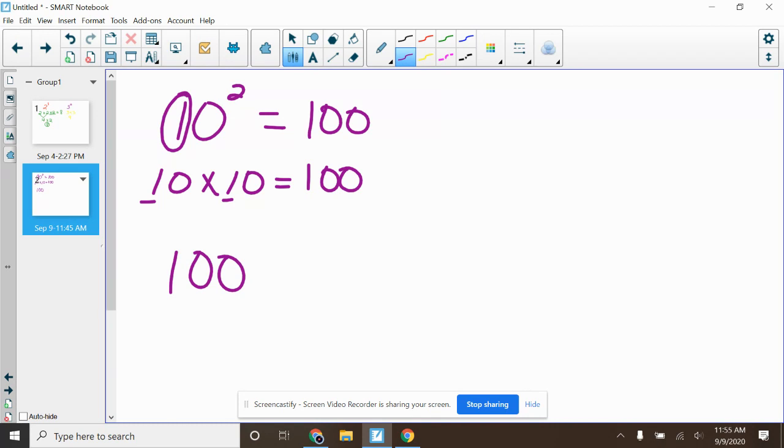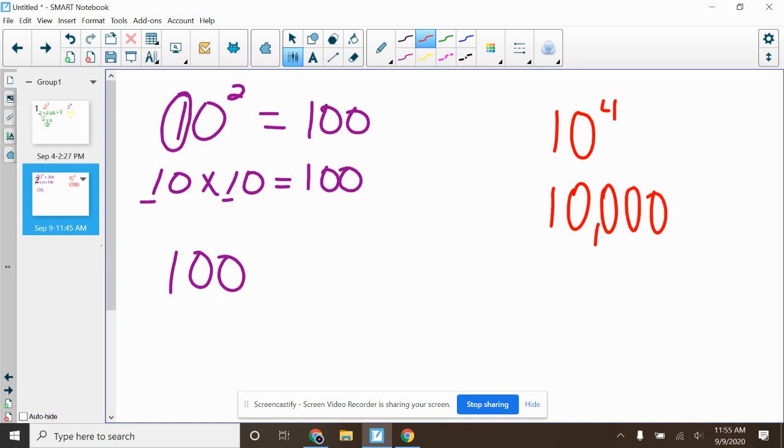If it wasn't 10 to the second power, but let's say it was 10 to the fourth power. Well, instead of doing 10 times 10 times 10 times 10, the shortcut is to, Hallie? Put your 1 down, add 4 zeros. And there's your answer.